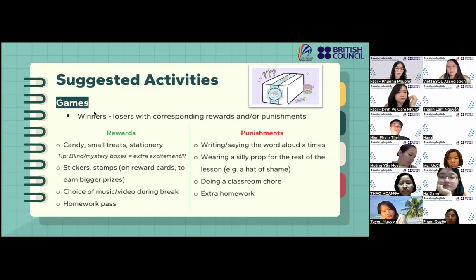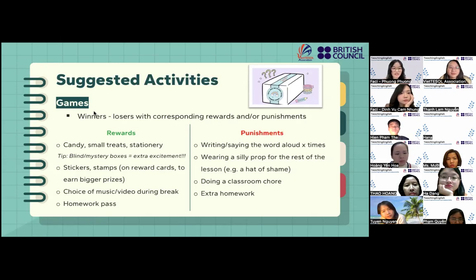For the rewards, we have so many kinds of rewards. If you pay attention to the Vietnamese market nowadays, you will see this thing called blind boxes, which is very trendy and viral. It seems like everyone loves them, even adults and children. So you can also use that for your classes.